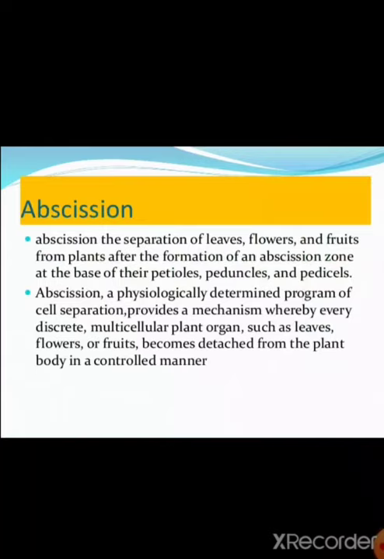Abscission, a physiologically determined program of cell separation, provides a mechanism whereby every discrete multicellular plant organ, such as leaves, flowers or fruits, becomes detached from the plant body in a controlled manner.